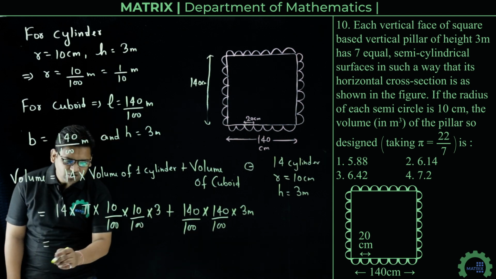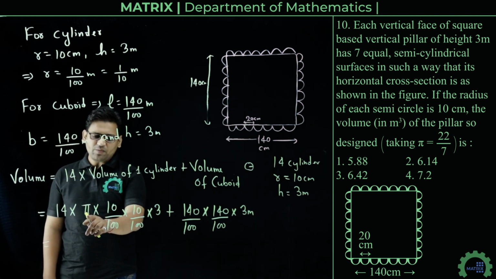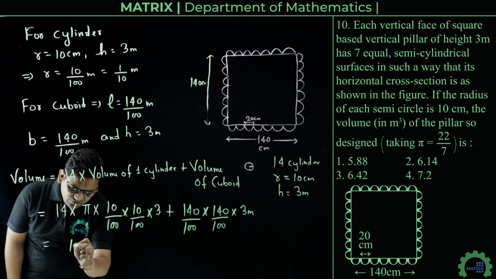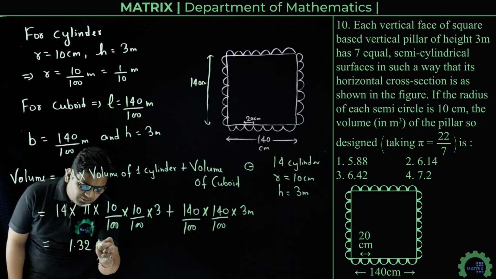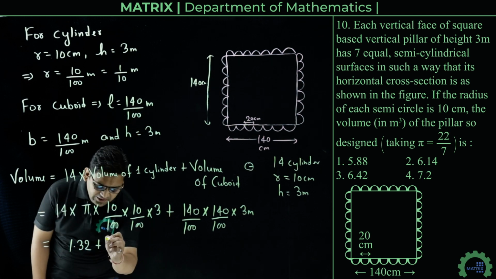So finally, on putting the value pi equals 22 by 7 here, we get this value as 1.32 plus this value as 5.88.